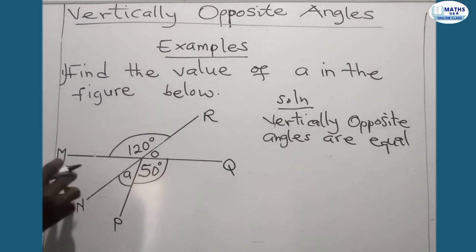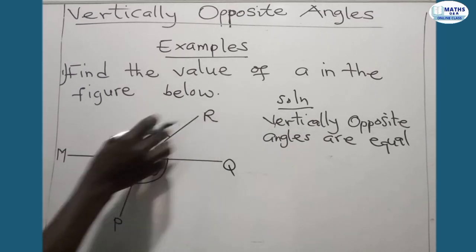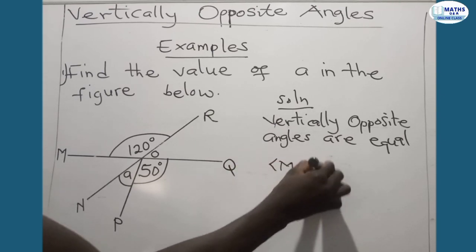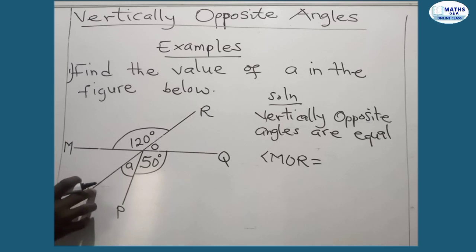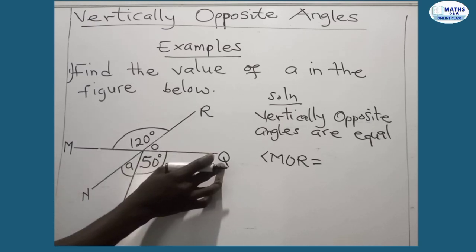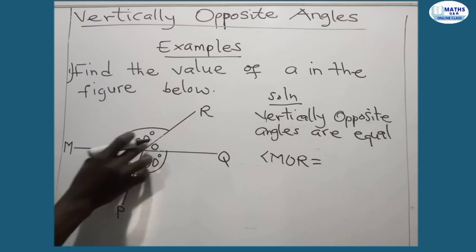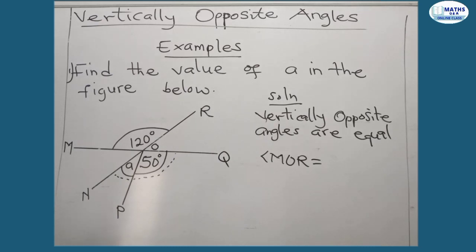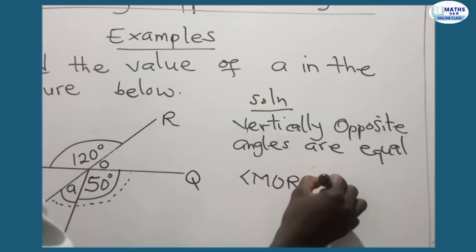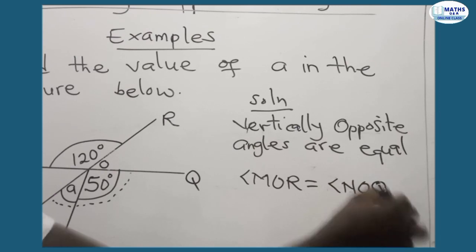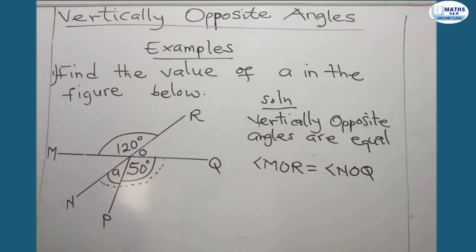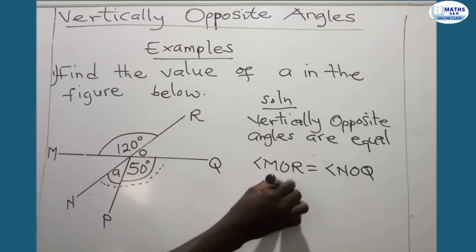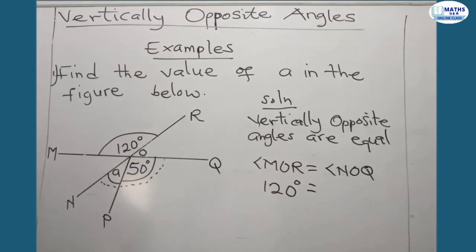In that case, we know that angle MOR, this angle, is equal to angle NOQ, right? Angle NOQ, that is this angle. These are the ones vertically opposite to 120 degrees. Now, angle MOR, this angle is what? 120 degrees. And that one is equal to what?